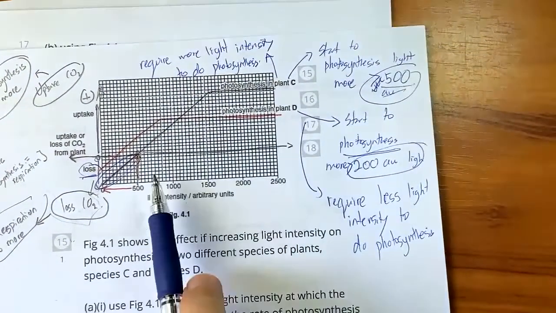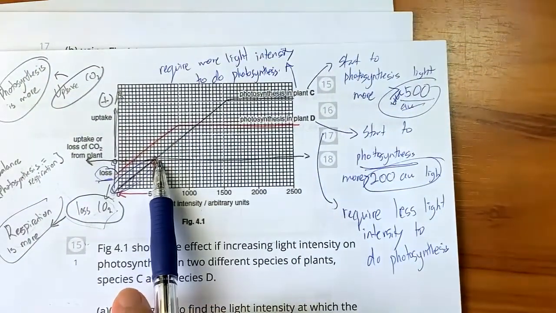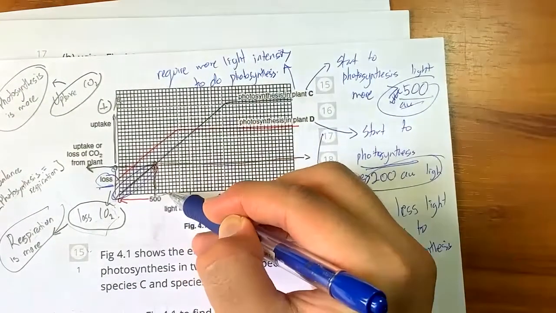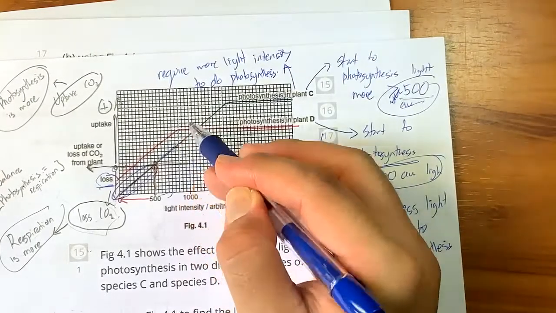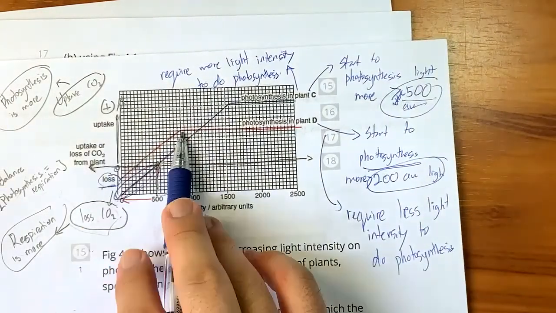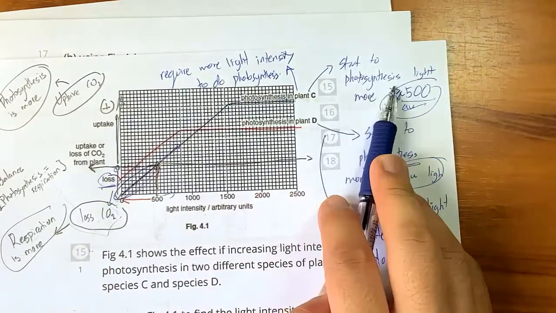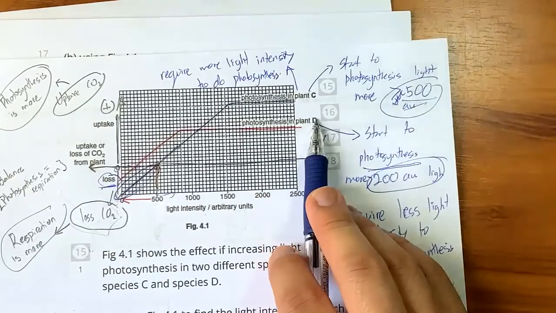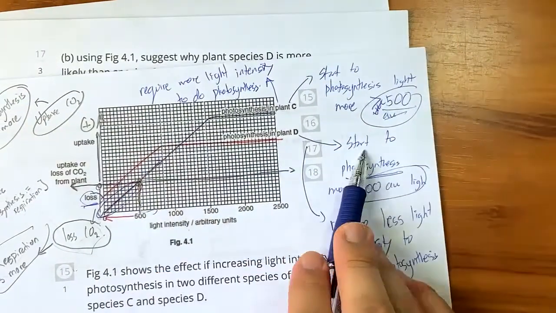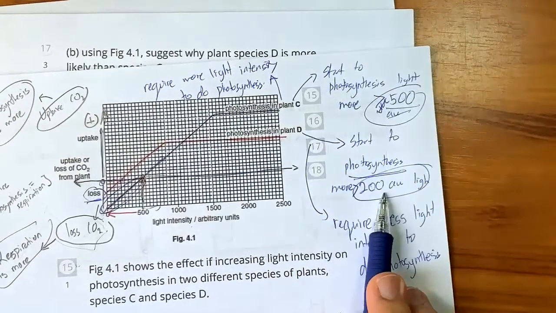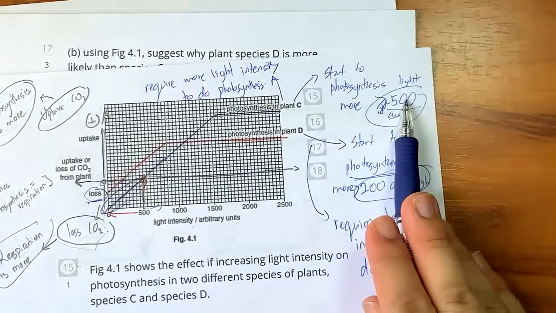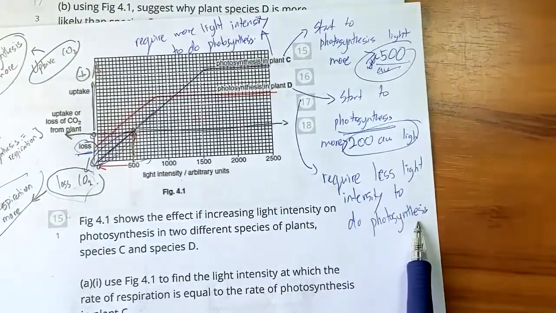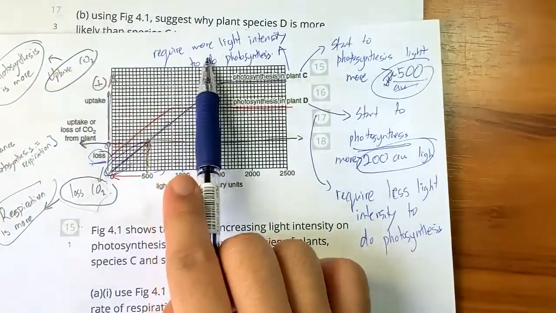Okay, so based on this, plant C only starts to photosynthesize if it's more than 500. But plant D, the red one, starts to photosynthesize at more than 200, which is much less than 500. So in other words, plant D requires less light intensity to do photosynthesis, whereas plant C requires more light intensity.